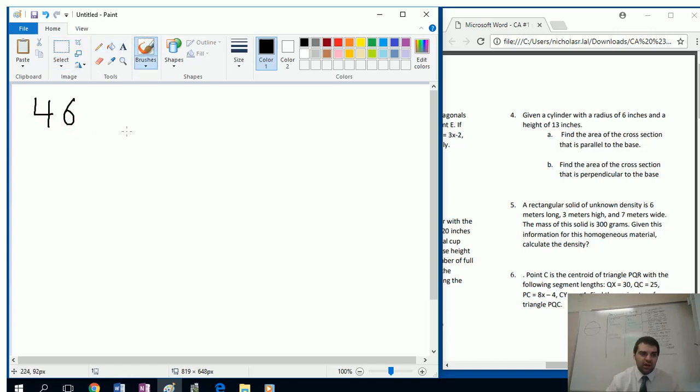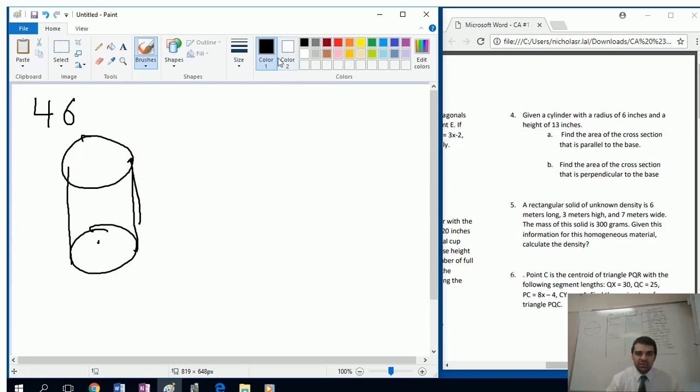As we draw our cylinder again, poorly drawn, if you analyze a cross-section, you have our plane.